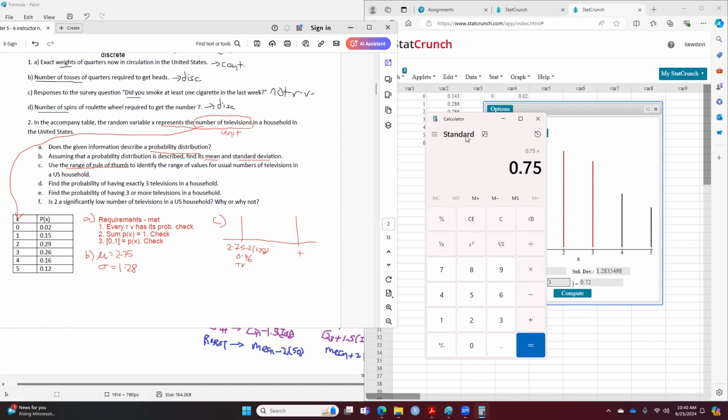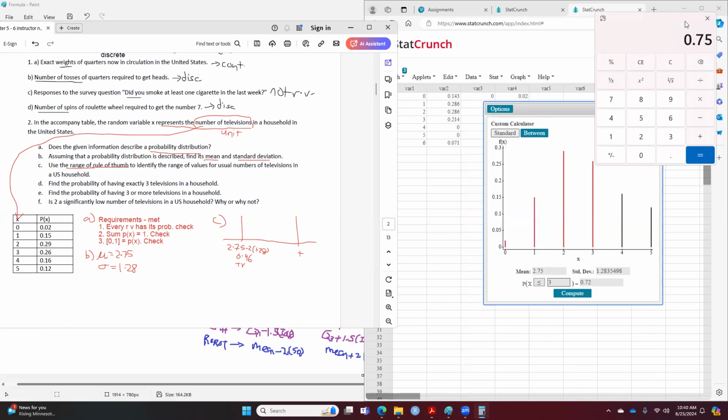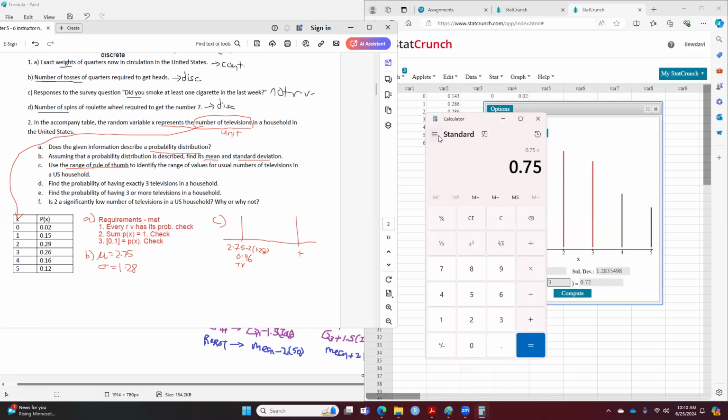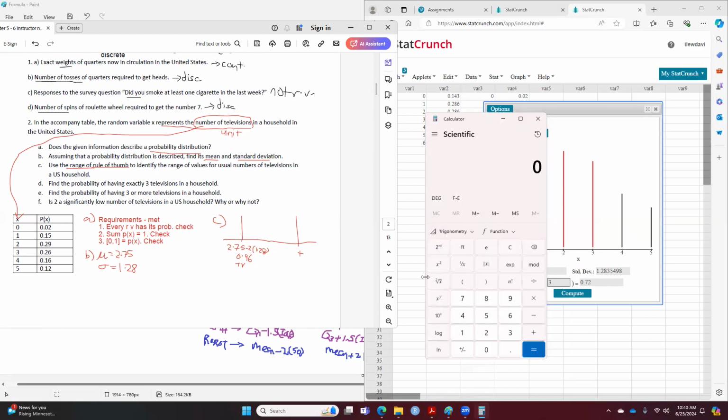I need to change it back. Sometimes I do not like to use this calculator because... change back to scientific. Sorry about that. I think I made a mistake. 2.75 minus 2 times 1.28. Yep, that's why I said something is wrong here. So this is 0.19.